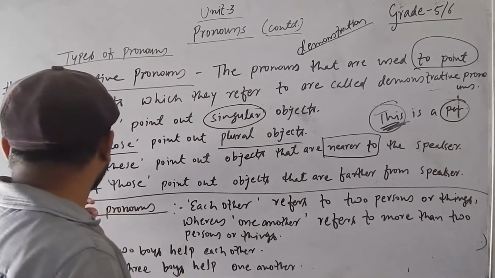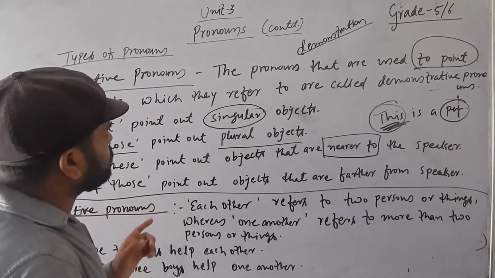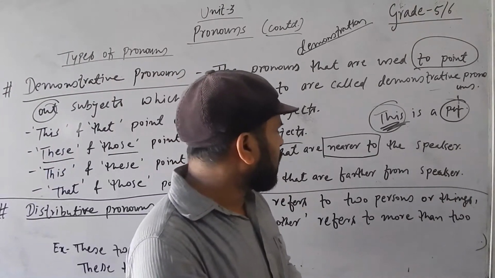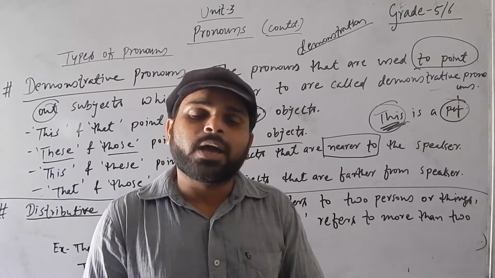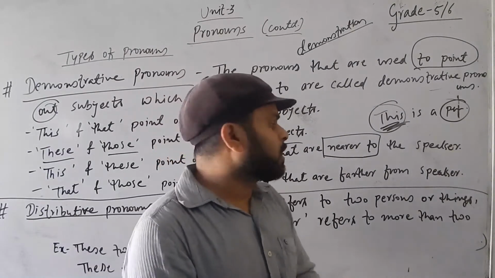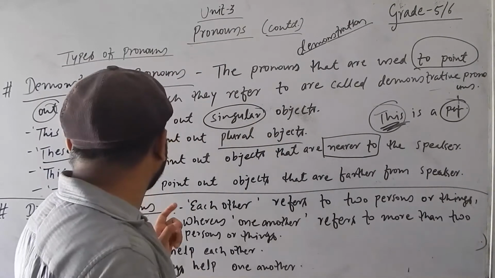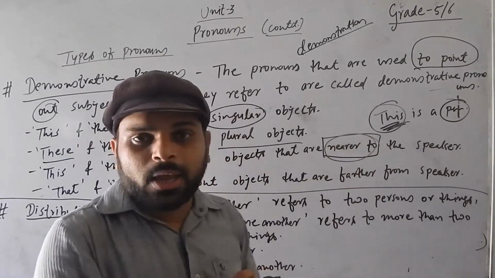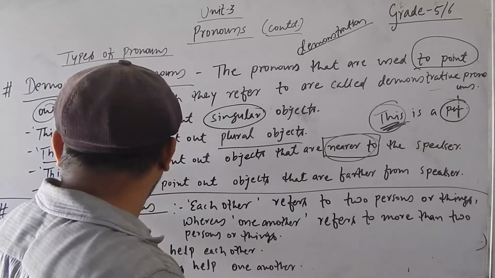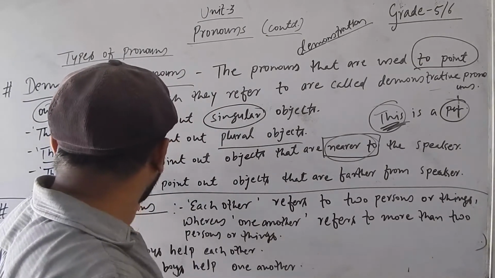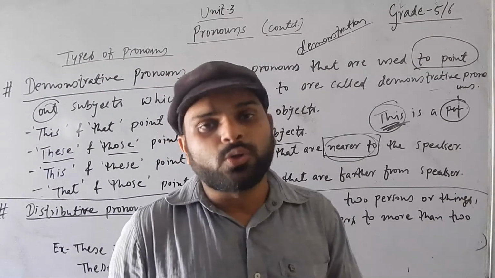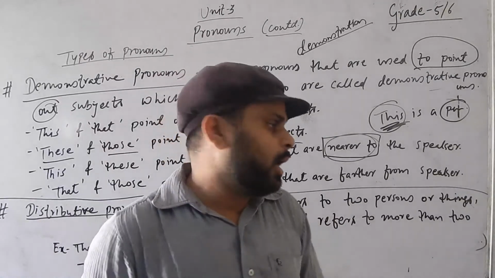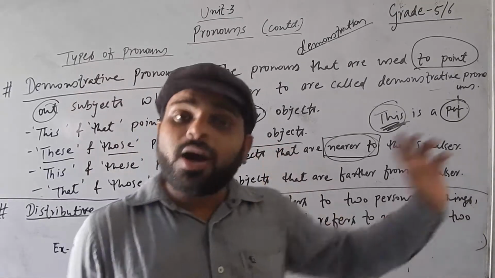Likewise, that and those point out the objects that are farther from the speaker. On the contrary of this and these, the same thing happens for far things. This changes into that, and these changes into those, when the things are farther.